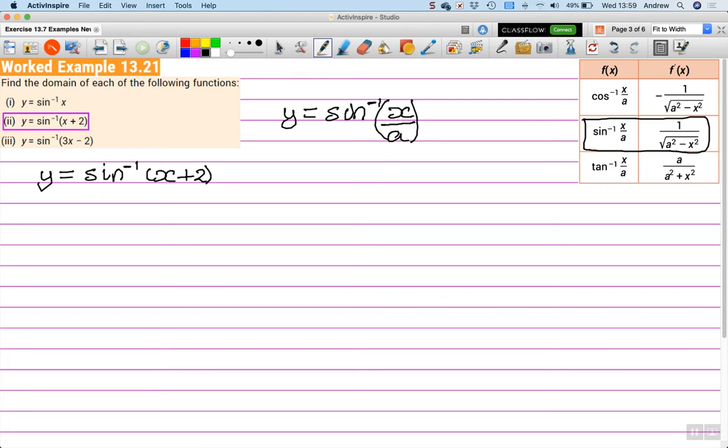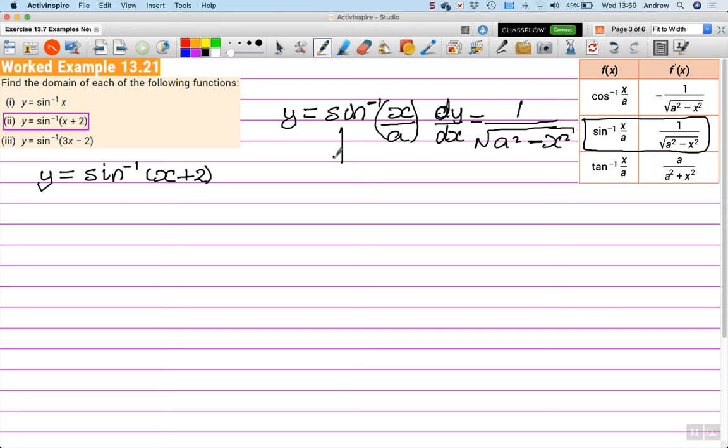And we also know that the dy/dx version is going to equal 1 over the square root of a squared minus x squared.